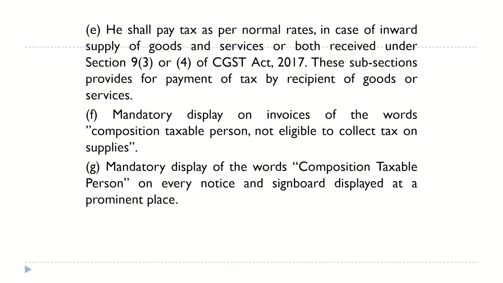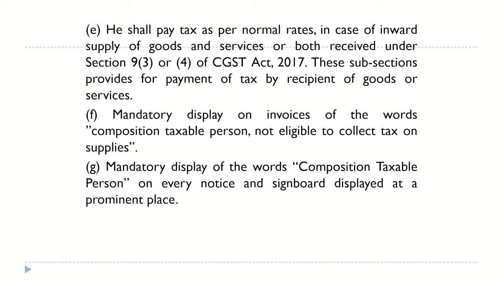The next condition is that he shall pay taxes at normal rates in case of inward supply of goods or services or both received under section 9. These subsections provide for payment of tax by the recipient of goods or services, that is, the reverse charge mechanism. A composition dealer shall mandatorily display the words 'composition taxable person, not eligible to collect tax on supplies' on his invoices, and shall also mandatorily display the words 'composition taxable person' on every notice and signboard at a prominent place.